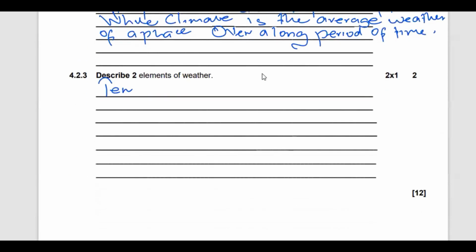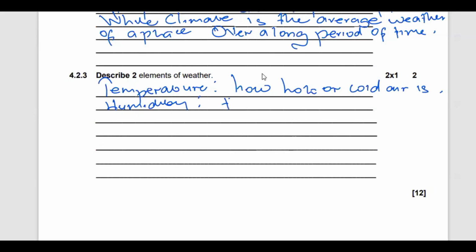Describe the two elements of weather. We can give temperature, how hot or cold air is. Then humidity, the amount of water vapor in the air. You can talk about wind speed, how fast the wind is blowing.